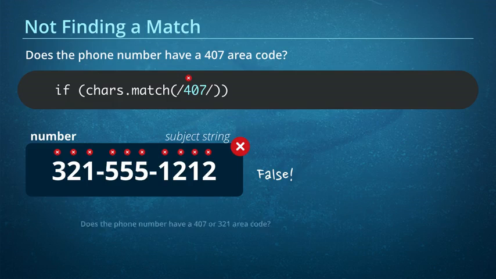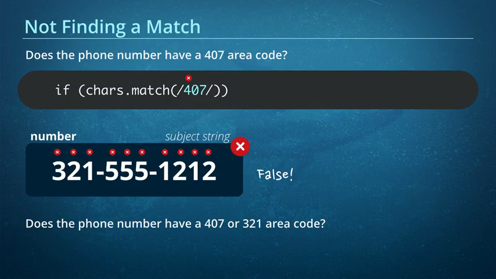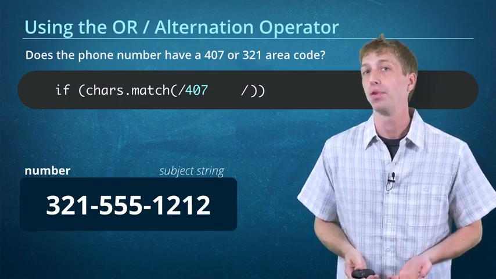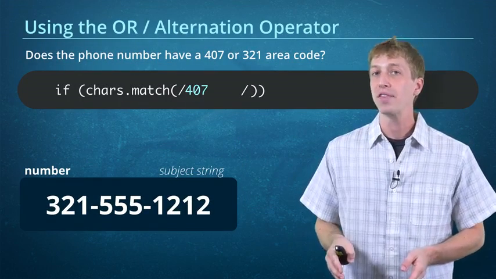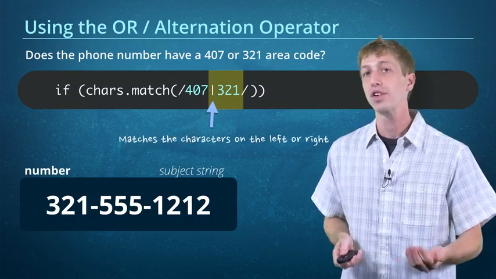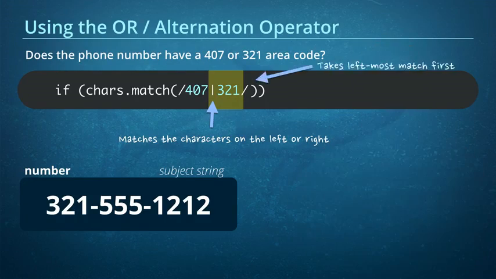Well, how would we make a pattern match both 407 or 321? By adding what is known as an OR operator right after our 407 and then 321, we can conditionally match 407 or 321. So our subject beginning with the area code 321 now matches.